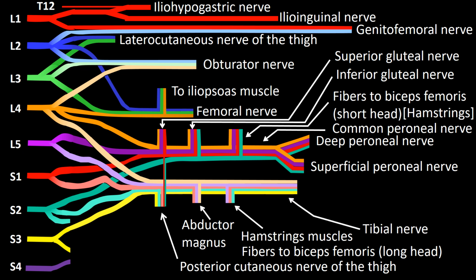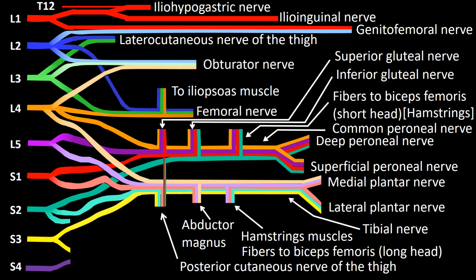The rest of the fibers go on to form the tibial nerve. Distally, the tibial nerve divides into the medial plantar nerve and the lateral plantar nerve. These nerves innervate all the intrinsic muscles of the foot except for the extensor digitorum brevis pedis, which is innervated by the deep peroneal nerve.